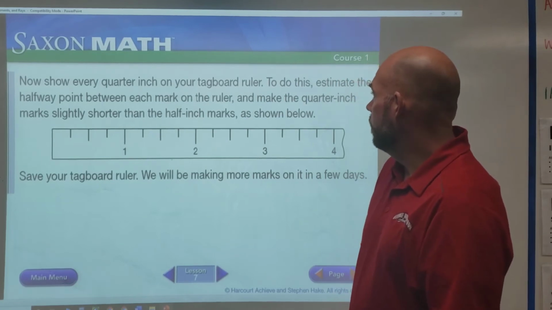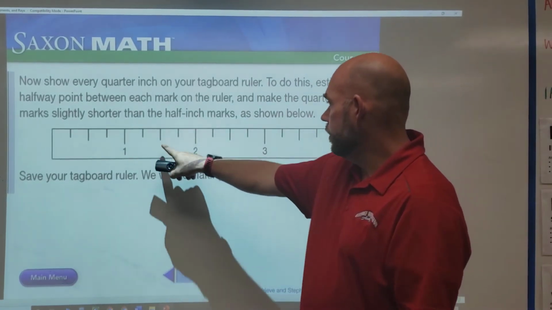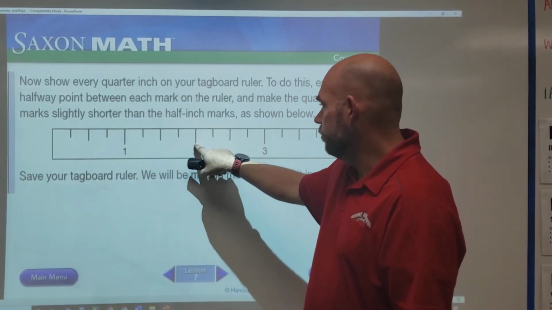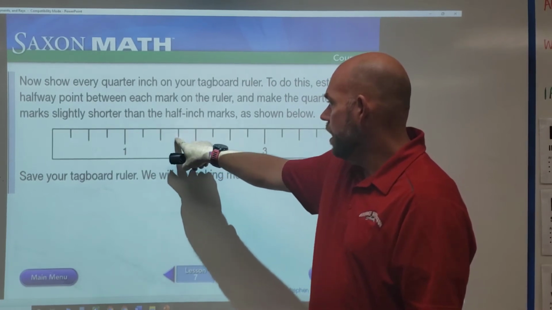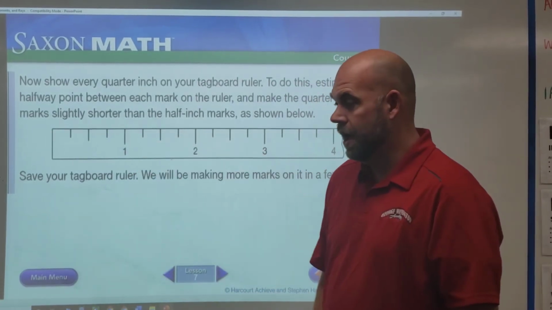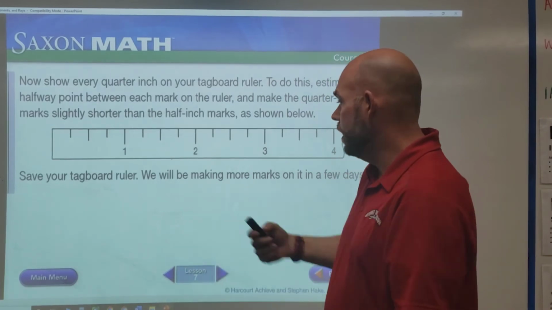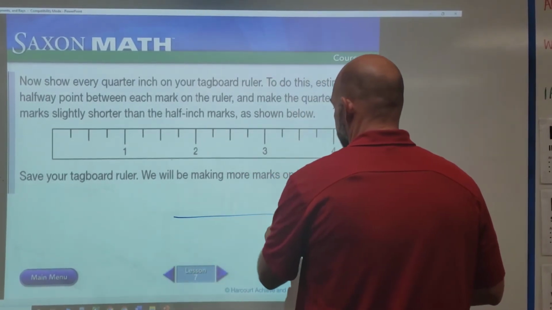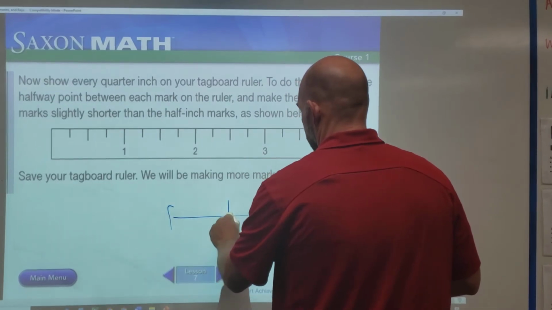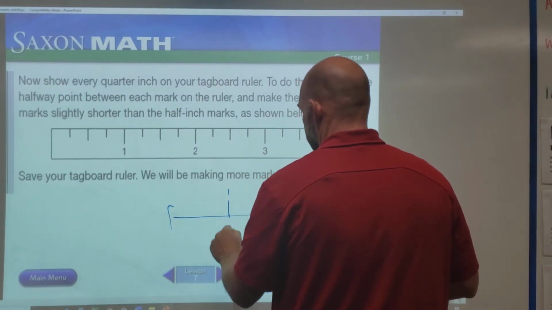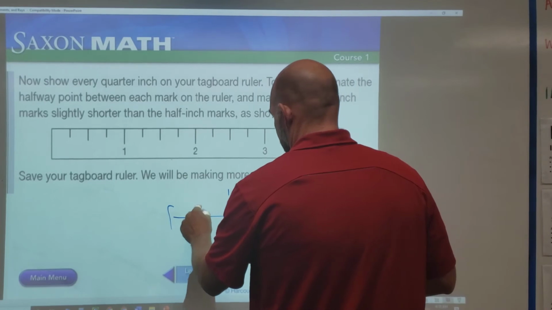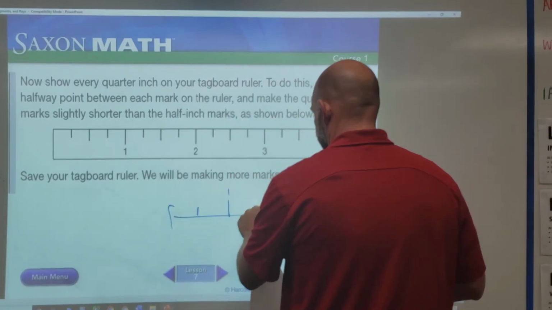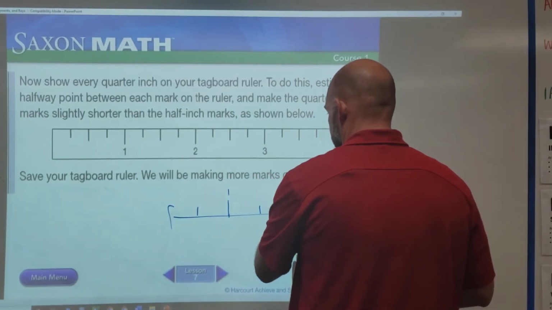All right, so if we're going to show every quarter inch, you're going to make the half inches a little shorter than the full inches, and the quarter inches a little shorter than that. So if you're making a tag board, you can do that. If you wanted to just do it on a blank piece of paper, let's just do 1 and 2. We'll say that's 1, and then we make the halves a little shorter. So I'll make that a 2, so that's longer.